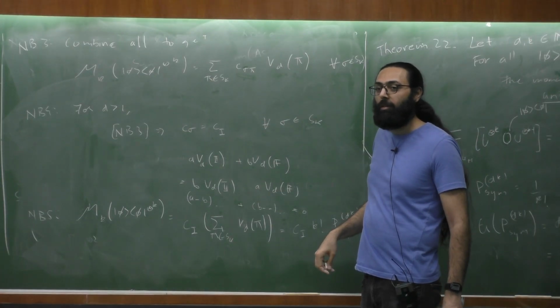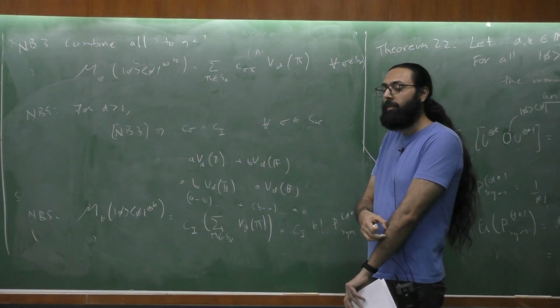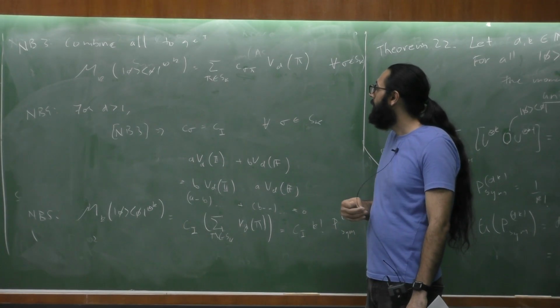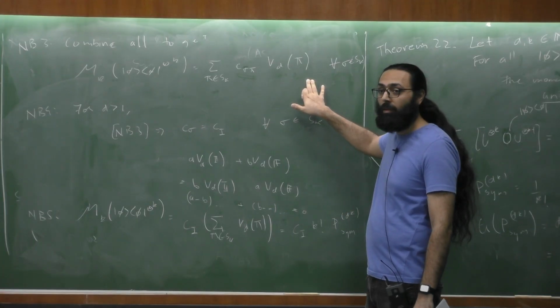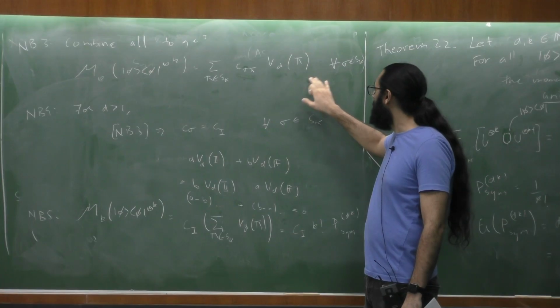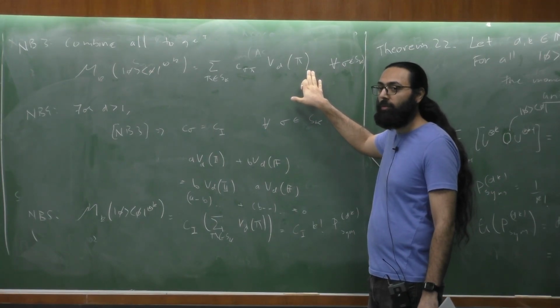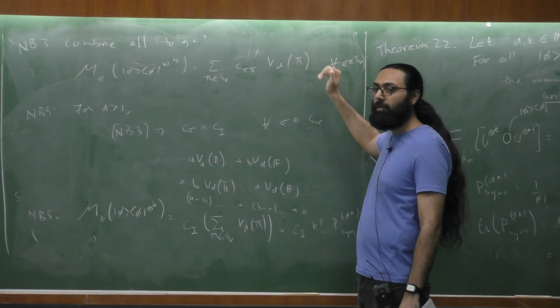Sigma is arbitrary. Sorry, which? Here? Yeah, but this is true for all sigma. Whichever permutation you take, this statement is always true. So I'm just taking a special case of this.